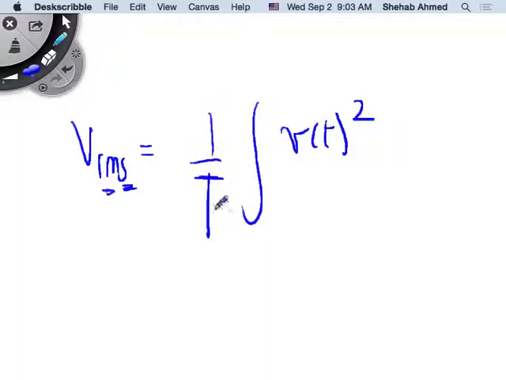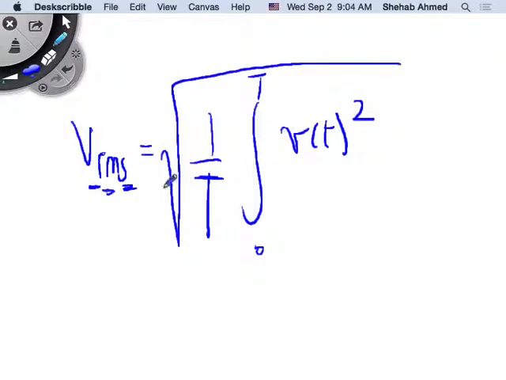So it's 1 over the period times the integration of the squared waveform over the period, and then you put it under the square root. You square the waveform, you get its mean value, and then put it under the square root. That's the RMS value of a waveform. And this is true, of course, for any waveform, whether it's sinusoidal or not.